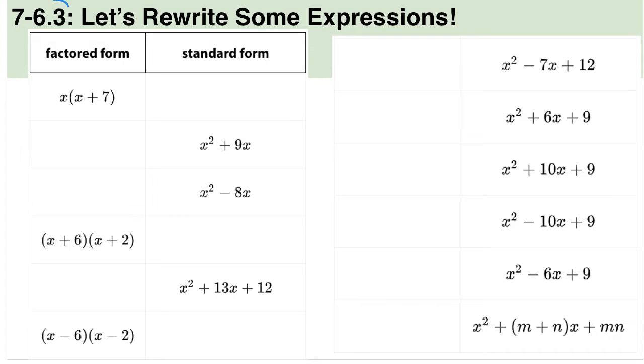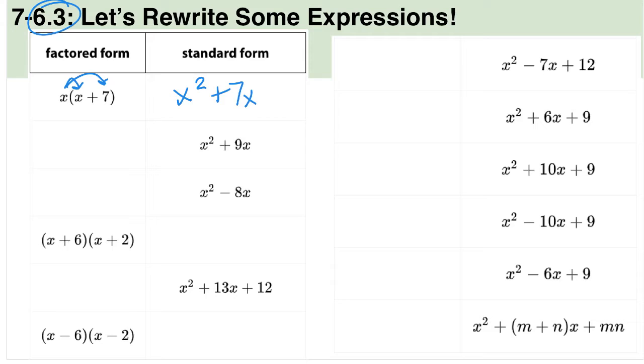Okay, in lesson 6, activity 3, we're going to rewrite some expressions, and here we have factored form and standard form. So in this table, you're going to be writing both forms of our quadratics. So we start out with the factored form. Using my distributive property there, I would end up with x squared plus 7x.